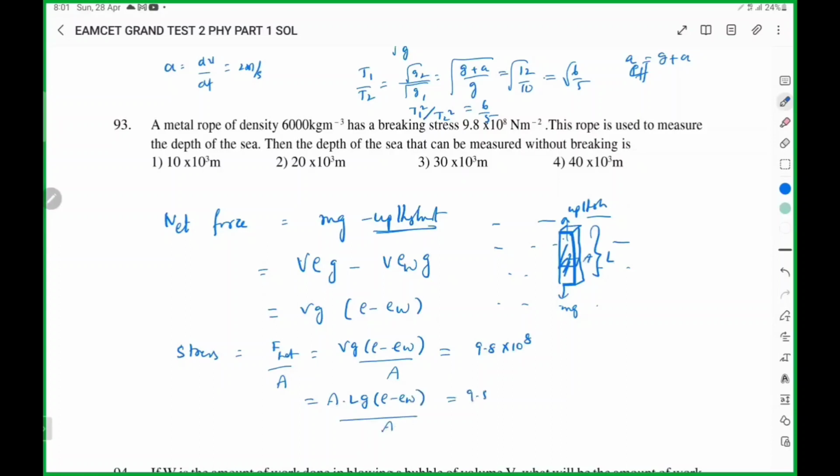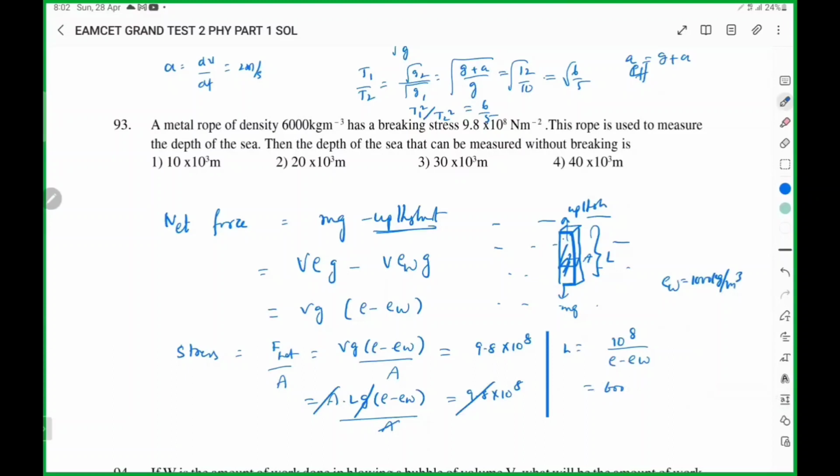So length into g into rho minus rho naught is 9.8 into 10 power 8. G and 9.8 get cancelled out. Length is equal to 10 power 8 by rho minus rho naught. Here rho is 6000 and density of water is 1000 kg per meter cube.